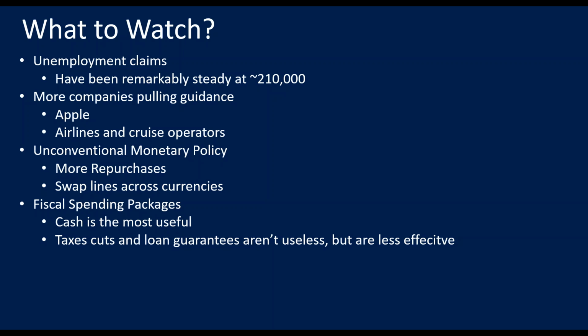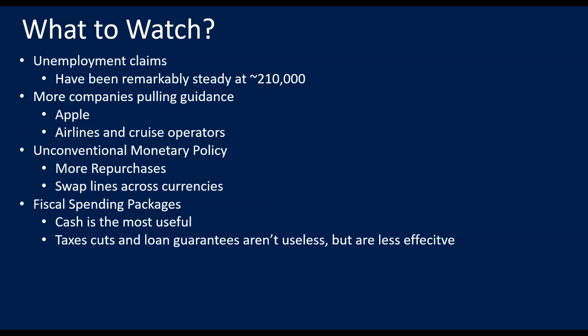We'll see if that's necessary this time. I don't know that it will be because this isn't a financial crisis, but that's another thing to keep an eye on. And then other unconventional monetary policy, quantitative easing. I don't know if the Fed would do that or try negative interest rates again. Either way, there's a lot of things they can do there.